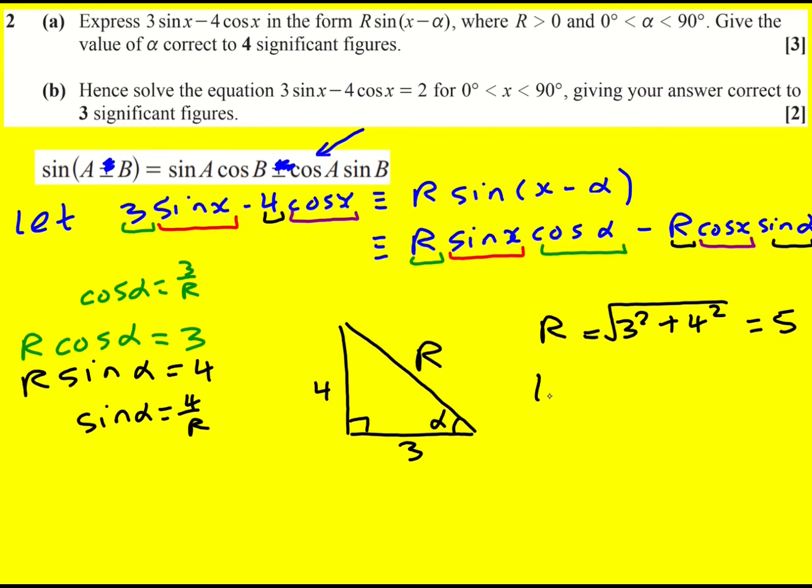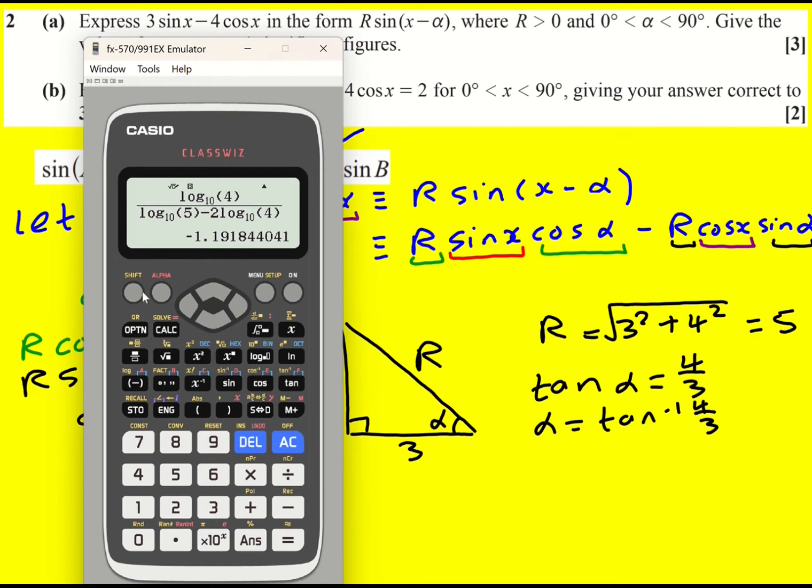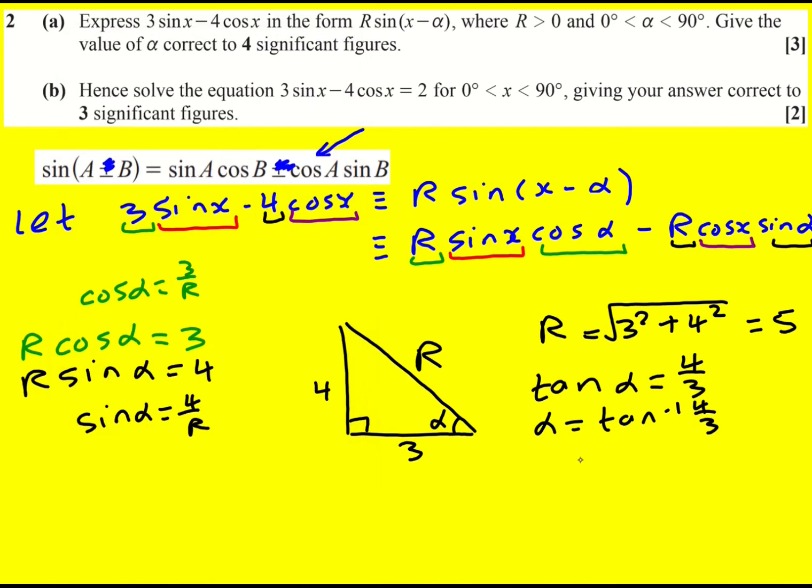And then we use, well, I could use any of them now, but you typically use tan alpha, just in case we miscalculated r, which is going to be 4 over 3. So alpha will be inverse tan of 4 over 3. We're working in degrees, remember? That gives 53.130.